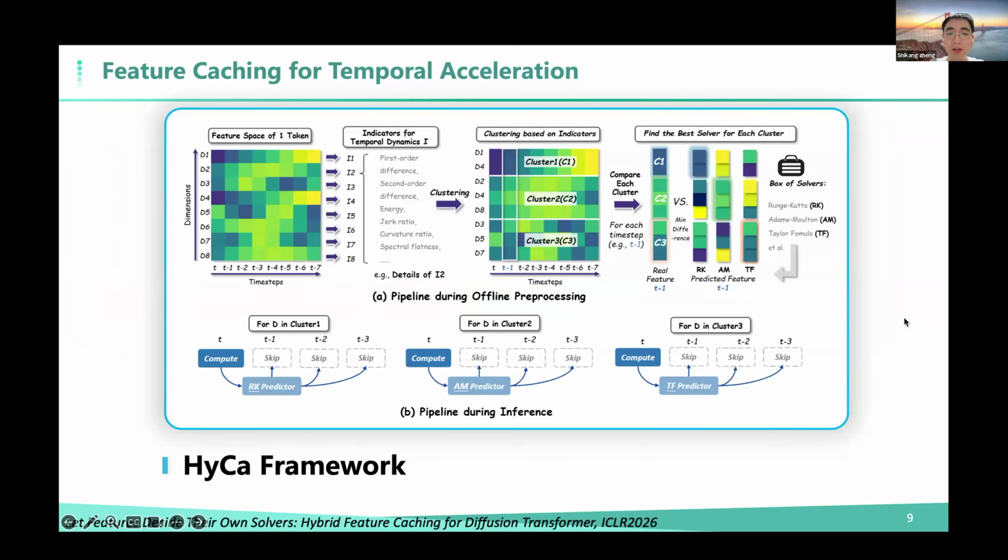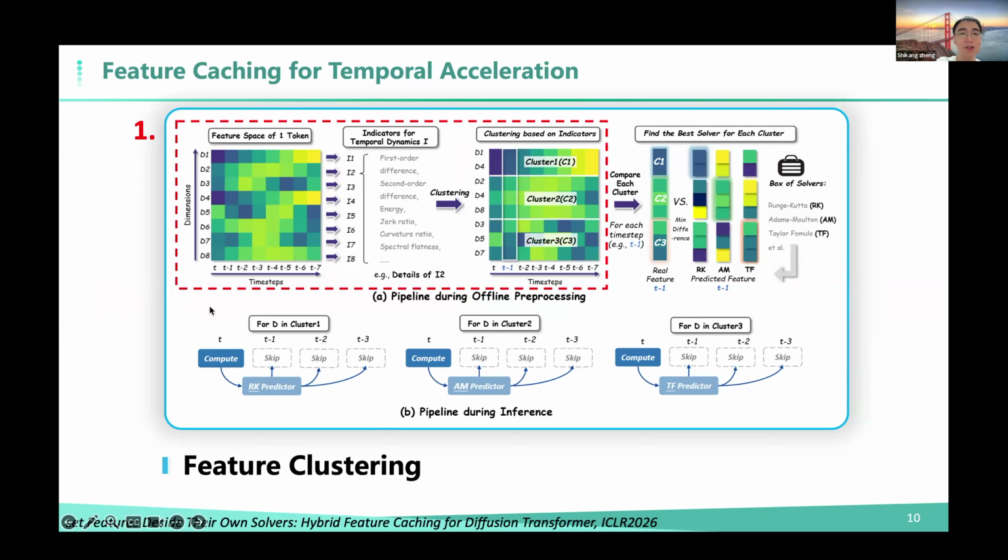So what we are trying to do is utilize these analyses and apply them during inference. This is the HyCa framework, which stands for the hybrid caching framework. We first analyze each model's feature space through feature clustering.